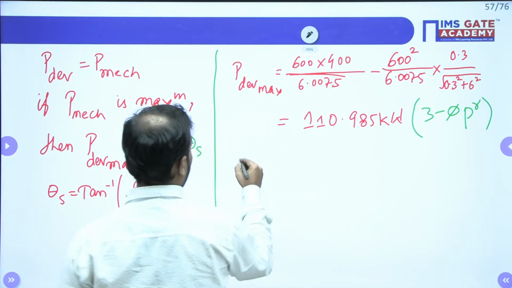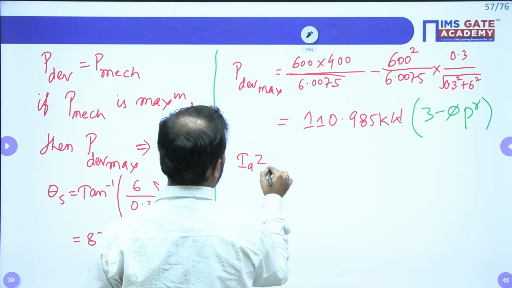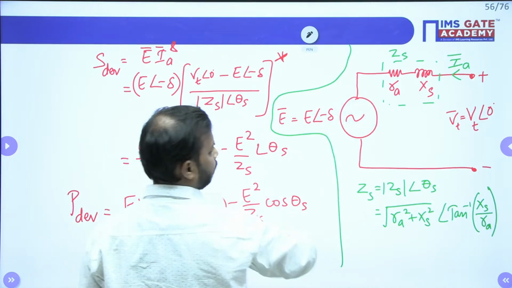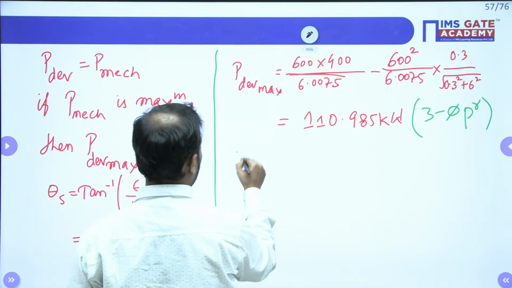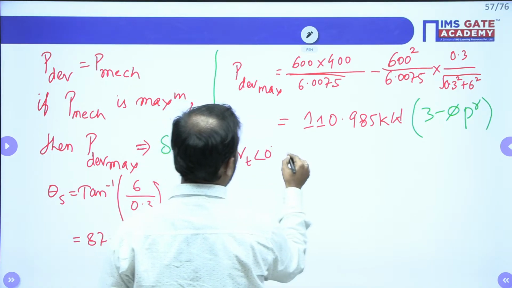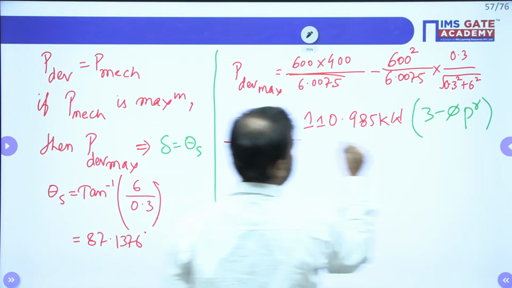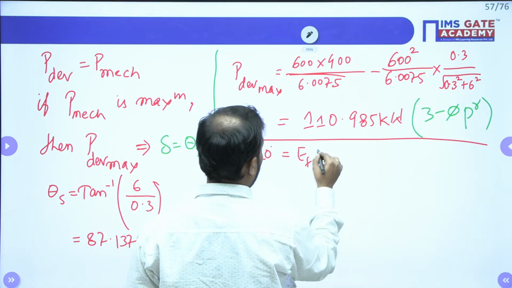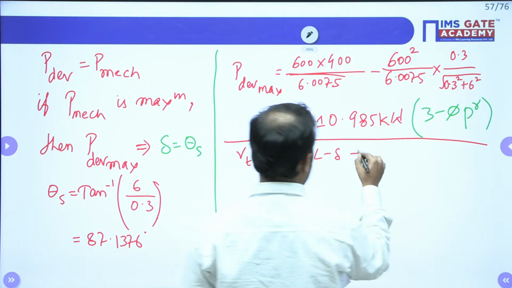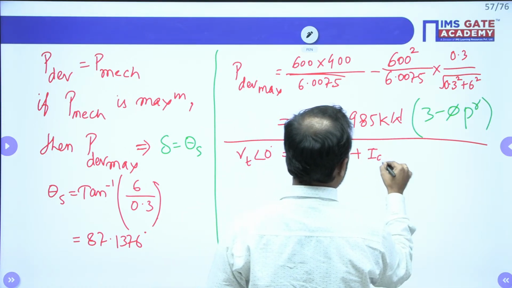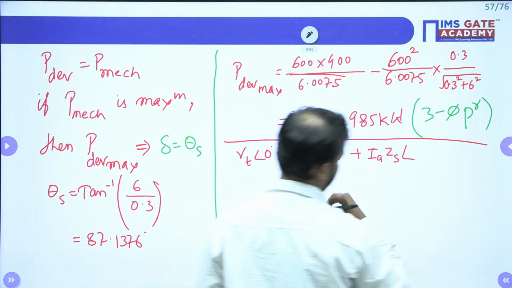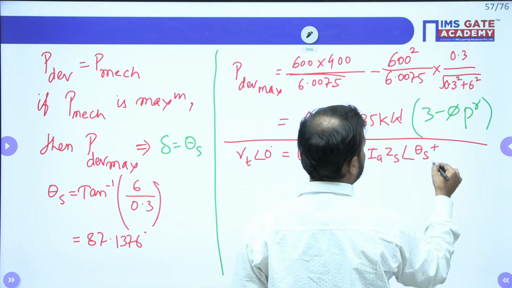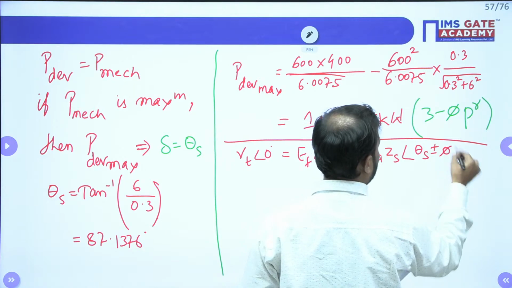Look here, from this diagram, Vt at an angle 0 degree is equal to EF at an angle minus del plus IA Zs at an angle theta S plus minus phi.